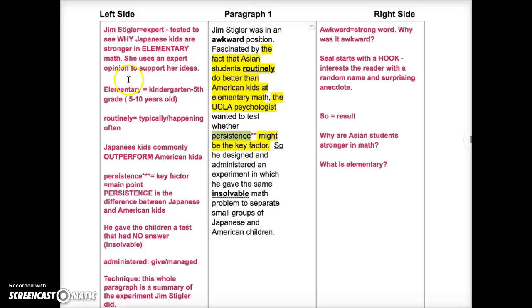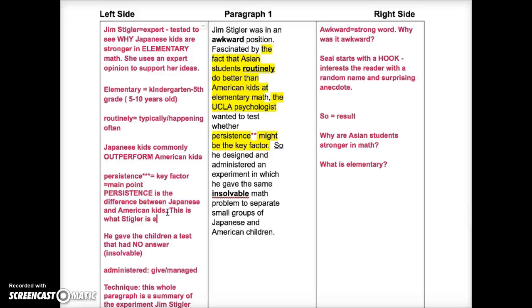This is a main point, okay? So persistence is the difference between Japanese and American kids. That is what he is testing. Do you guys know what persistence means?